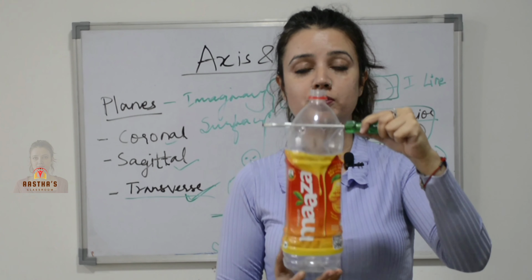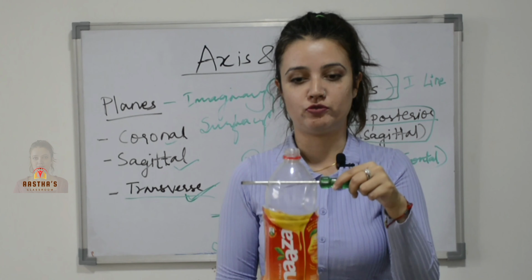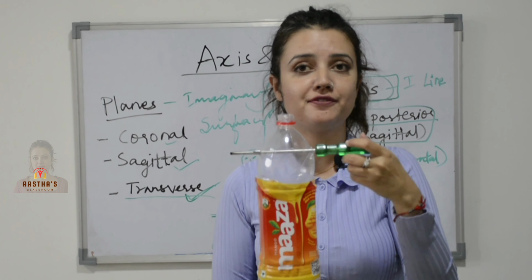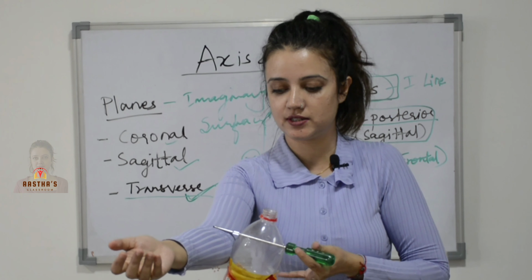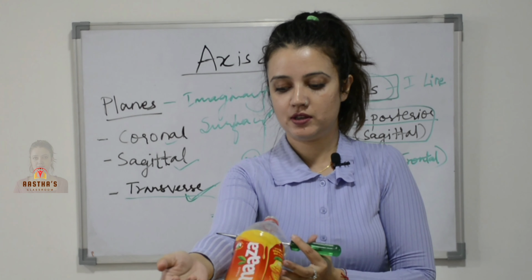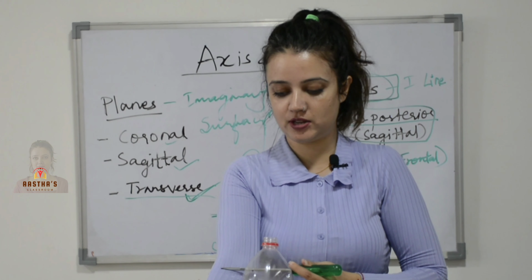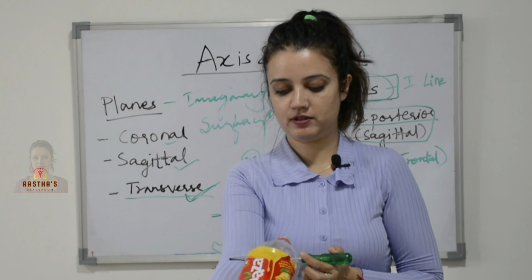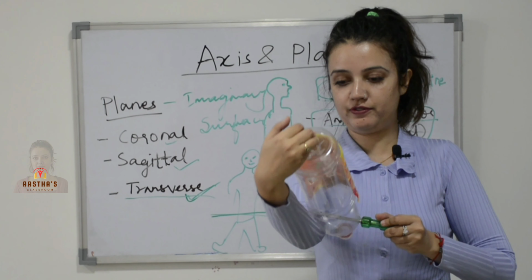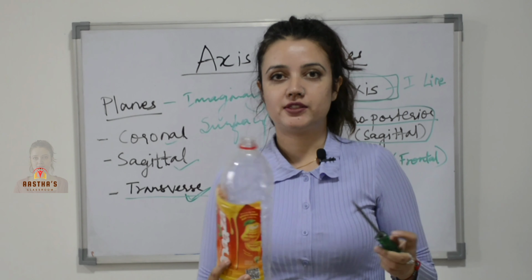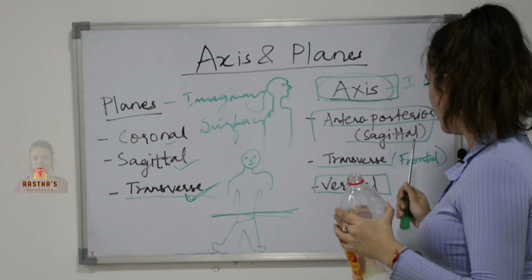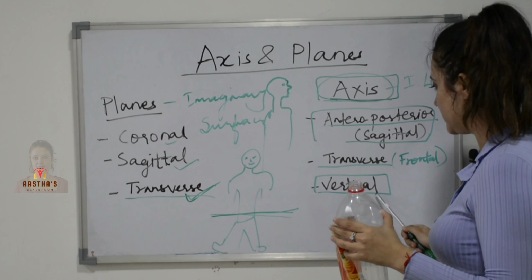Other than that, you will not be able to do any other movements. For every joint, for your elbow joint, consider this as the axis and this as your forearm. See, flexion and extension.